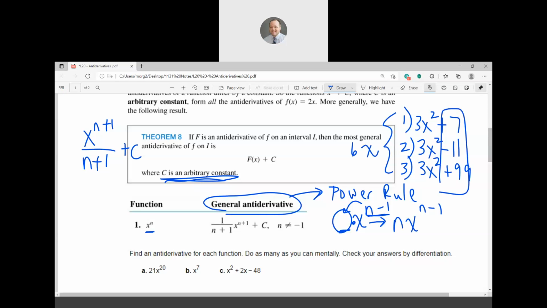The derivative of all three constants is 0. If you notice, each constant is different. So when we go back and take an antiderivative, because the constant may be different, that's why we put a plus c to denote any arbitrary constant.